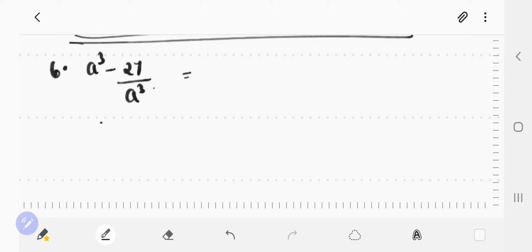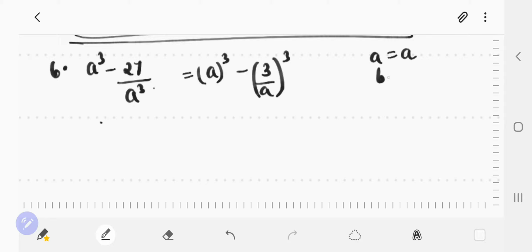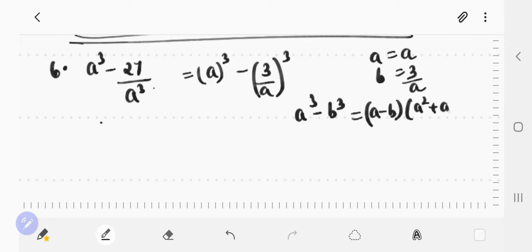Now this, can I write it as a whole cube minus 3 upon a whole cube? So here your a is a, but your b is 3 upon a. And your identity a cube minus b cube is a minus b bracket a square plus ab plus b square. Correct? So we have to just put in the values.